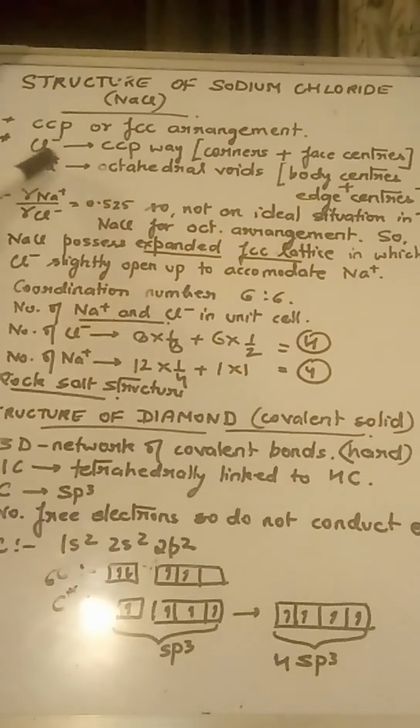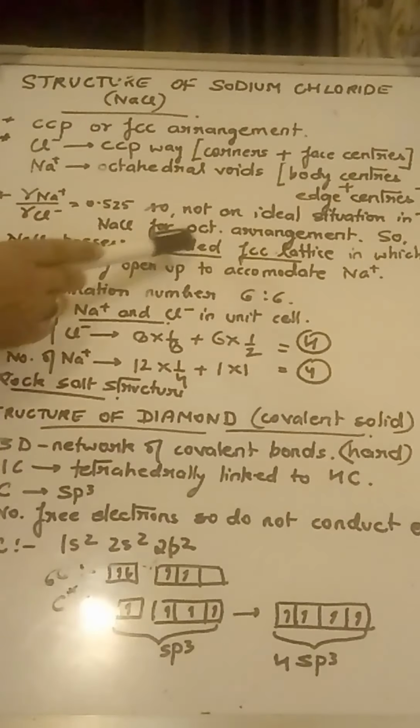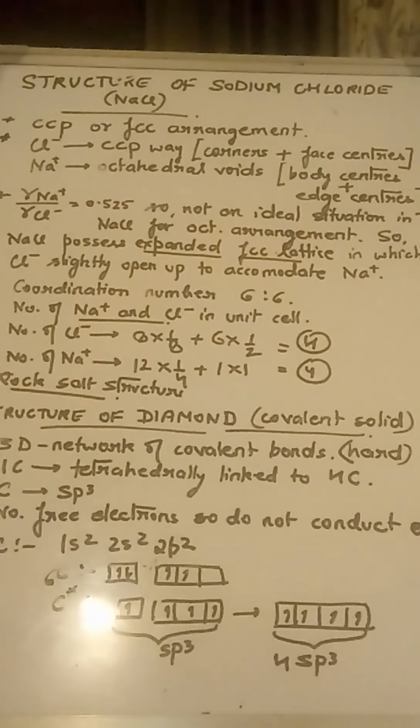Since here the radius ratio of sodium and chloride ions is more than 0.414, chloride ions have to slightly open up to accommodate the bigger sodium ions in the octahedral void, and because of this NaCl is also said to have an expanded FCC lattice.